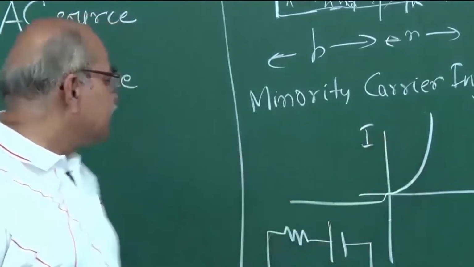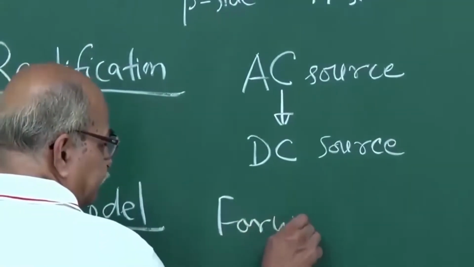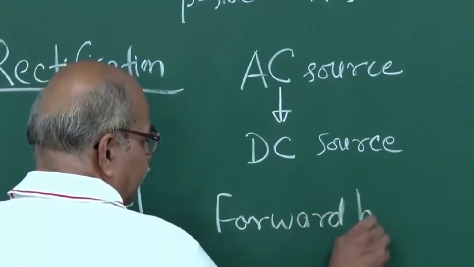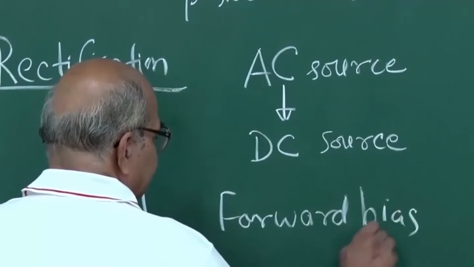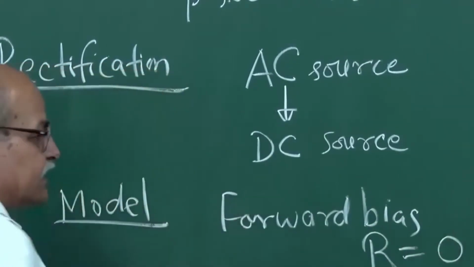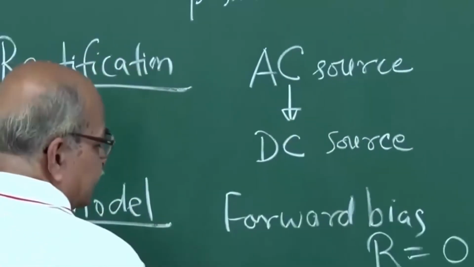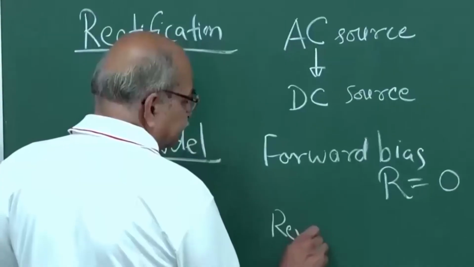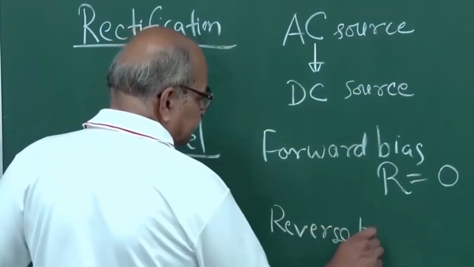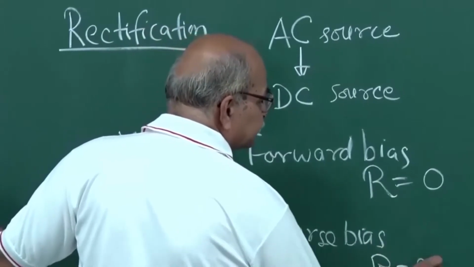I'll approximate this as follows: in forward bias, we will assume that the resistance offered by the diode is negligible, whereas in reverse bias, the resistance offered is very high.